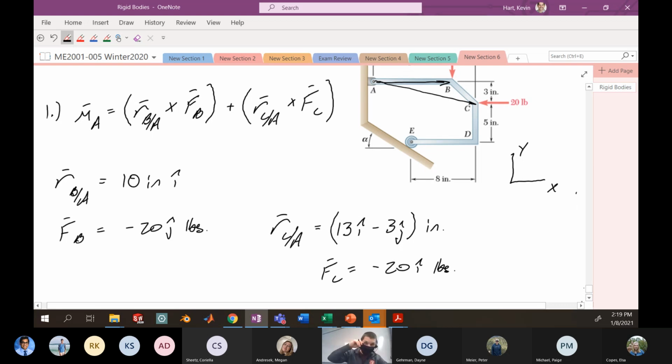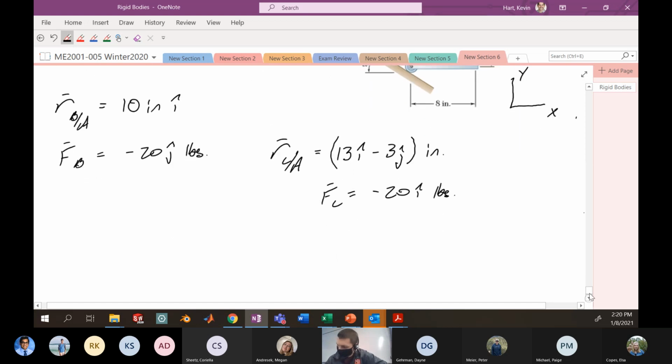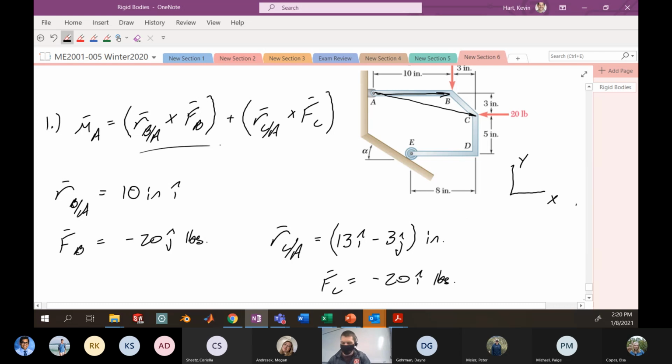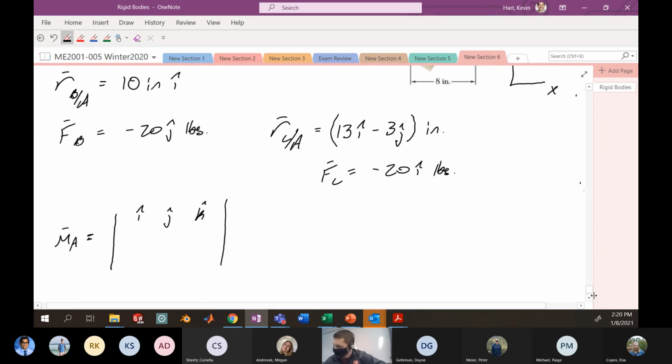Okay, so let's go through the full rigmarole here. So the moment at A, if I use my determinant notation, I have two cross products to execute here. For this first guy, I have the position vector arriving at B from A, crossed with the force at B. So I can put those into my determinant form directly.